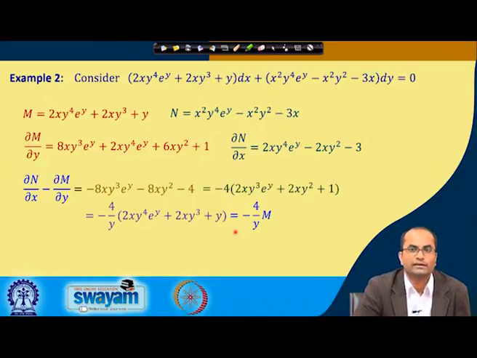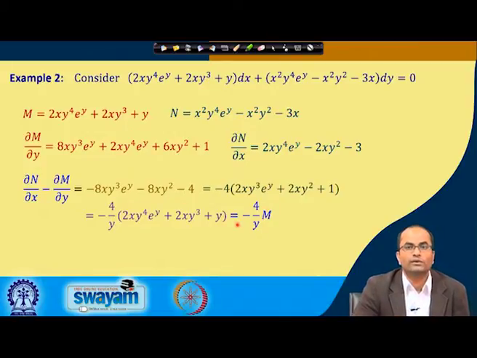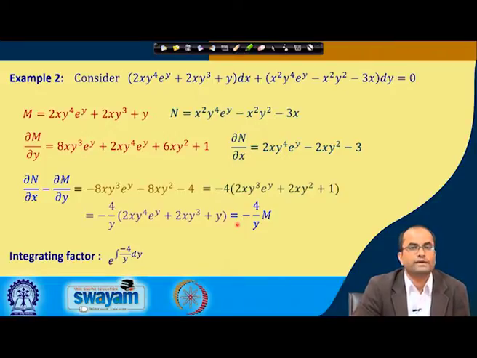So that was exactly the second case, where we have seen that del N over del x minus del M over del y, divided by M, if it is a function of y alone, then we can find the integrating factor easily. The integrating factor will be exponential of minus 4 over y dy. That is the integrating factor, which comes to be y power minus 4.